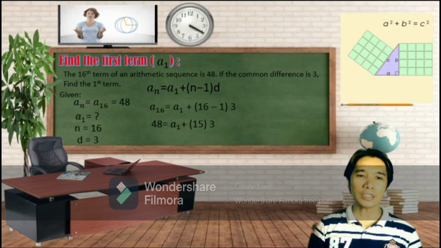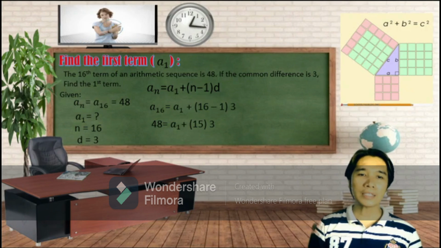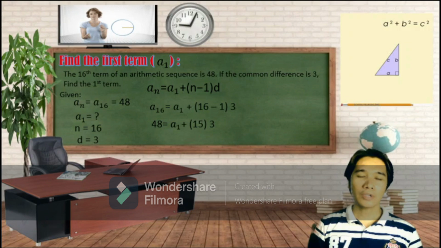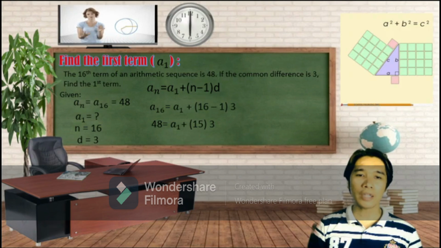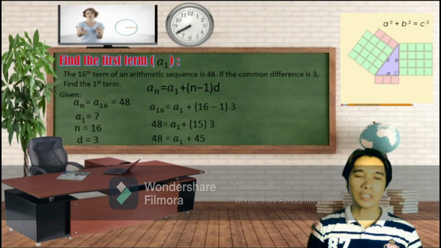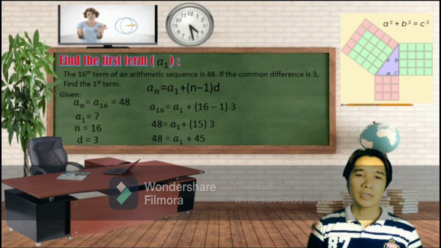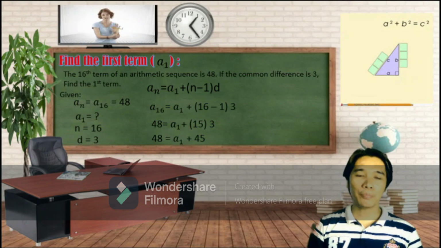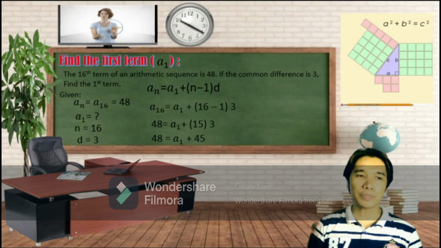So we have 48 is equal to a sub 1 plus 15, that is the difference of 16 minus 1, times the common difference 3. So we have 48 is equal to a sub 1 plus 45. The 45 is the product of 15 times 3.